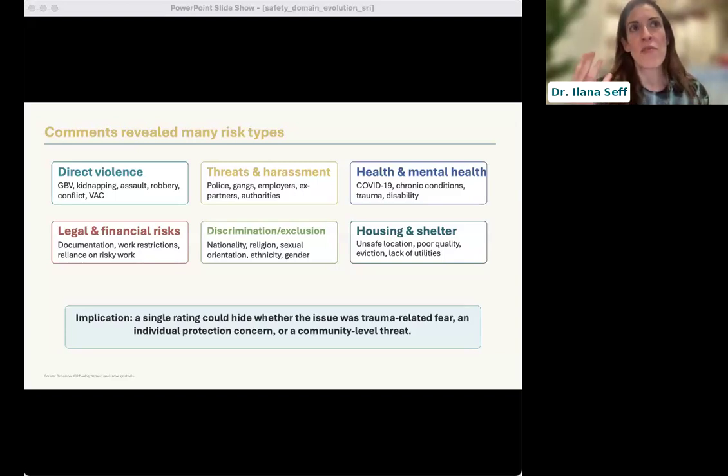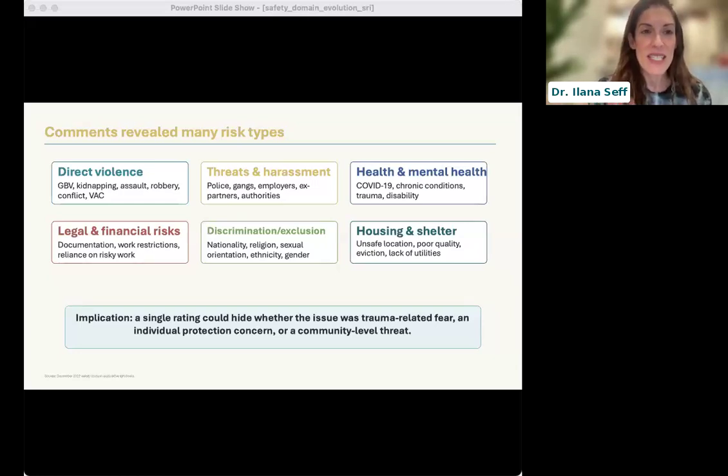So they were perceiving these things as impacting their safety, which was interesting to us and not necessarily what we wanted to be capturing in this domain, because some of that is captured in the health status domain as well. There were concerns about their documentation, risk of being deported, lots of discussion or comments on discrimination. And then, as I said, some issues with housing and shelter.